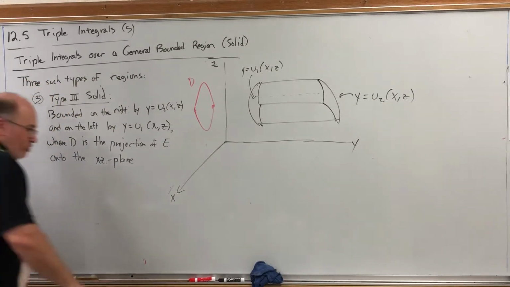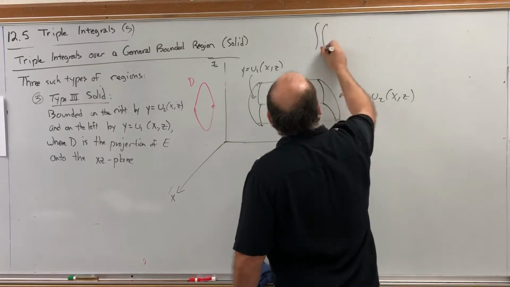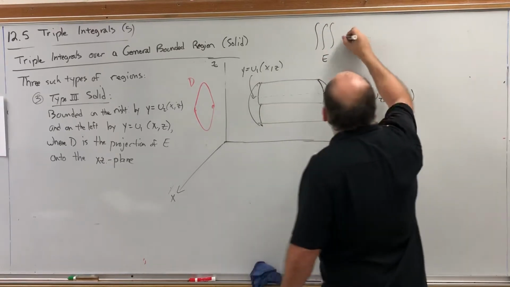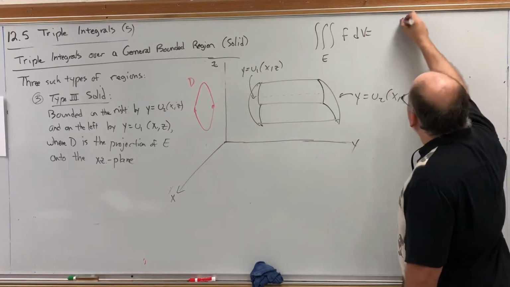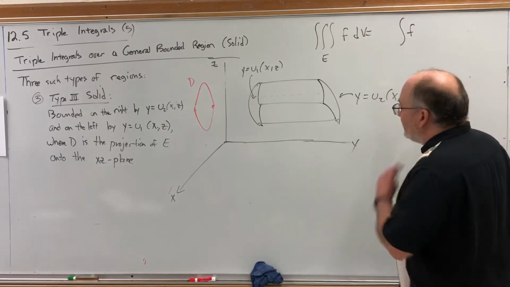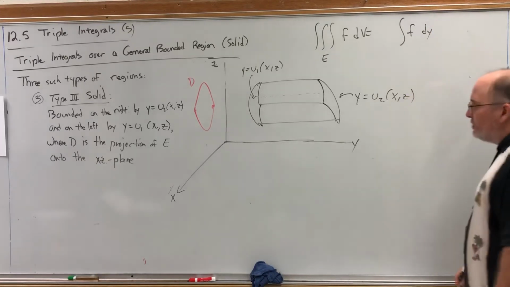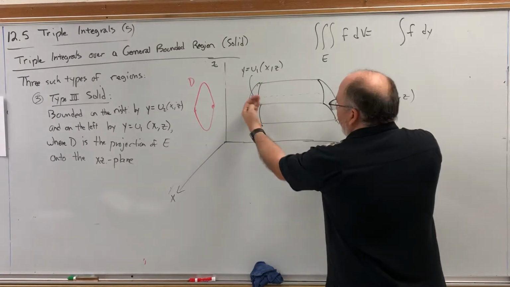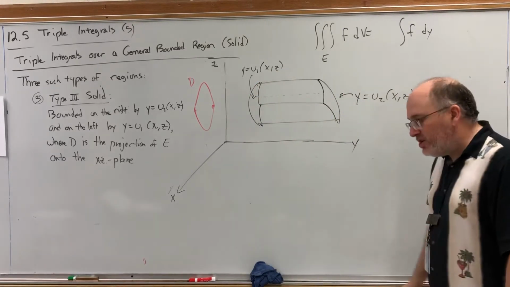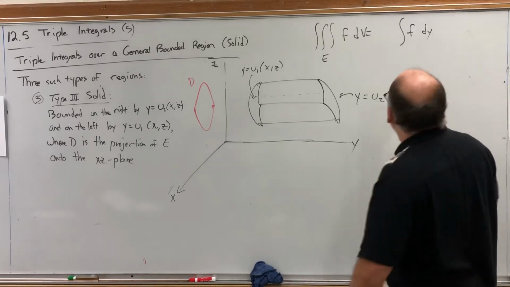So how would we set up the triple integral? Well, the triple integral over the solid E of a function dV, we would first evaluate the integral with respect to y. Now, how do I know it would be with respect to y? Because the surfaces that define the left and the right side are functions of x and z, so I can't integrate with respect to x, and I can't integrate with respect to z.